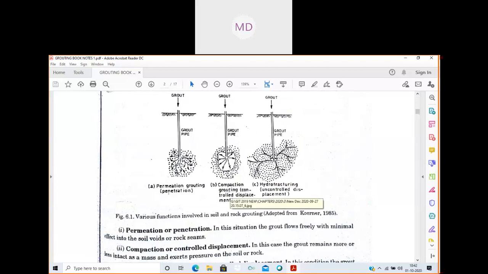The grout material is injected through the grout pipe, the same process, and the difference is the material used. Here the grout material does not flow freely as in permeation grouting.